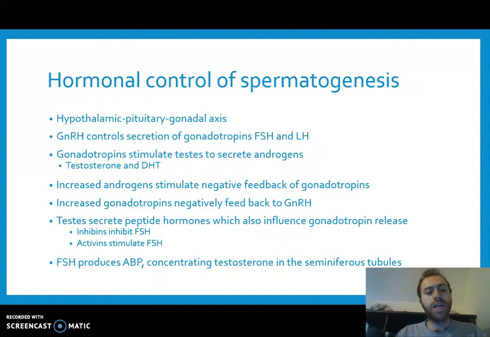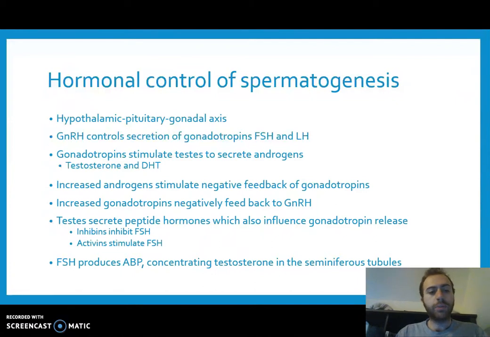Gonadotropin-releasing hormone, or GnRH, is a tropic hormone released by the hypothalamus, which in turn controls secretion of two more tropic hormones, the gonadotropins follicle-stimulating hormone, or FSH, and luteinizing hormone, LH. The gonadotropins then act on the testes, stimulating androgen production, the main androgens being testosterone and dihydrotestosterone, or DHT.